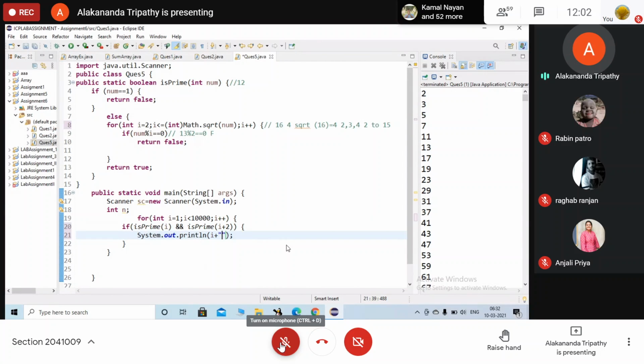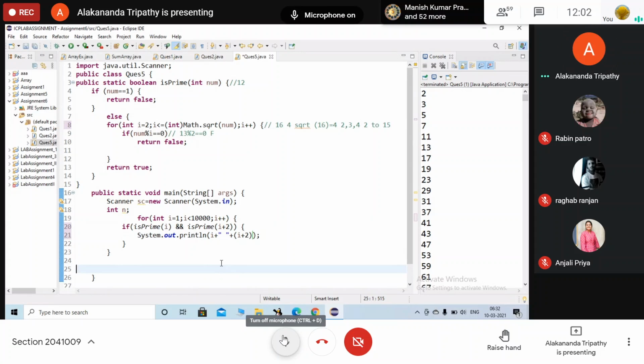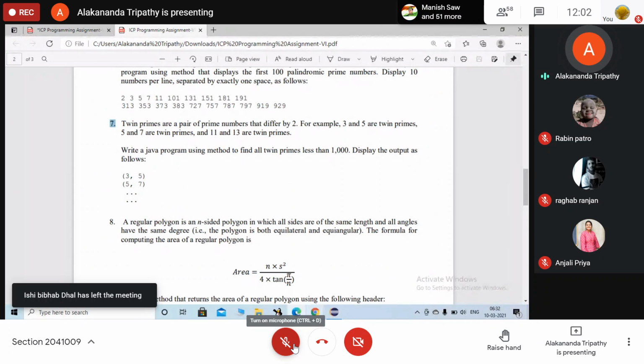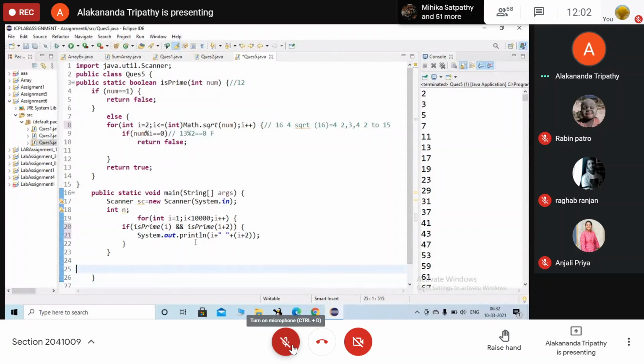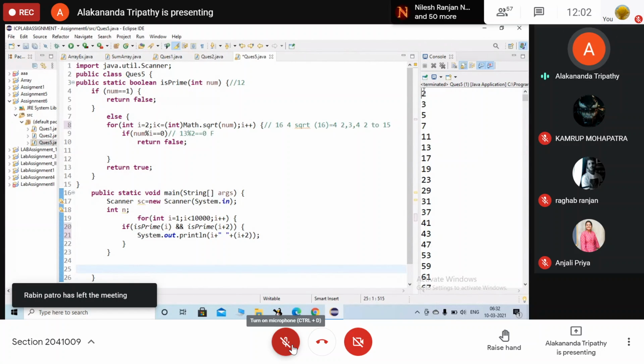और यहाँ पर क्या होगा? प्लस i plus 2. Are you clear? In question number 7 बस यहाँ पर यही दो comparison करोगे. Okay, i and i plus 2, if both are prime, then they are called your twin primes, like 3 and 5, 5 and 7.